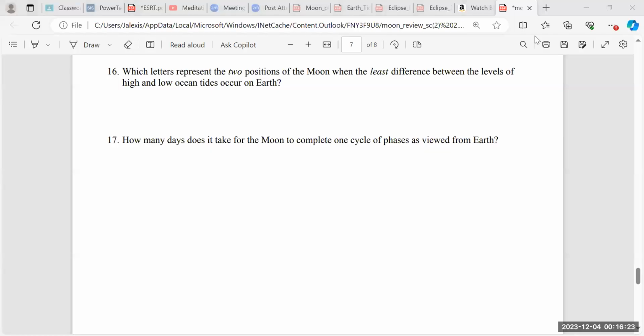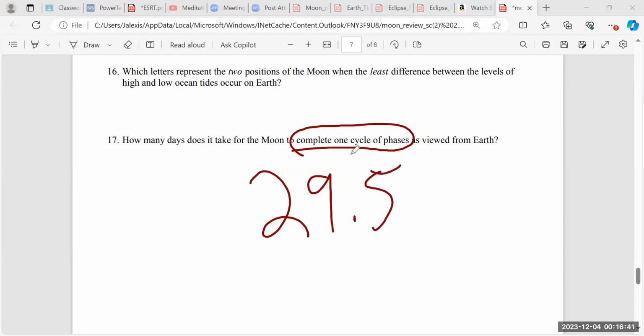Number 7, it says, how many days does it take for the moon to complete one cycle of phases as viewed from Earth? So how many days does it take to complete one cycle of phases? This is just something that you need to know. Complete one cycle takes about 29.5 days.